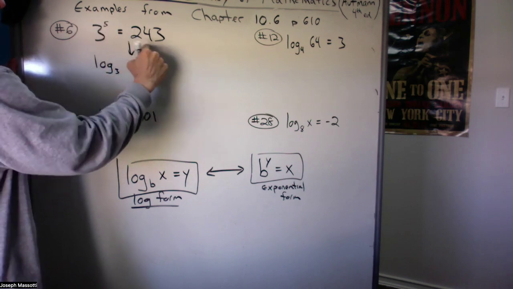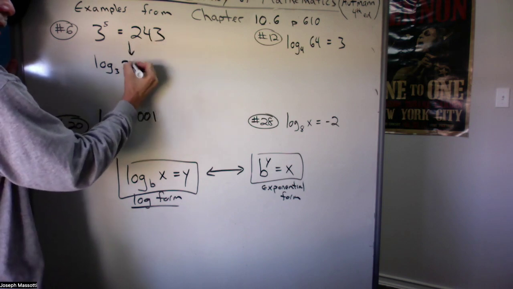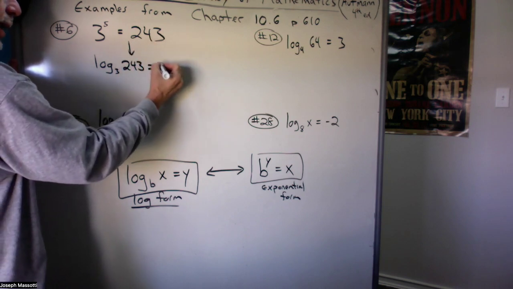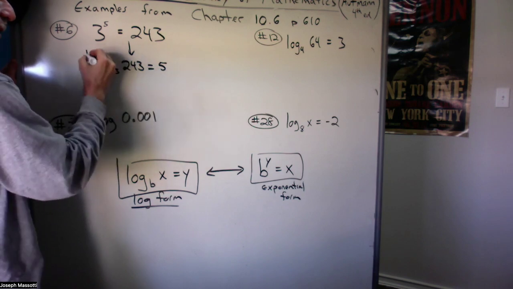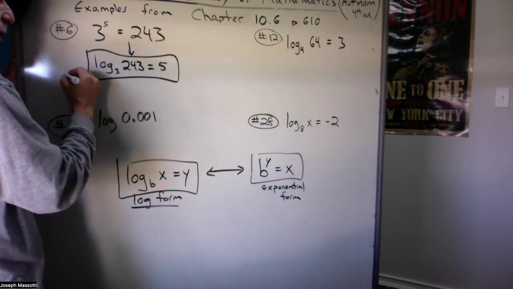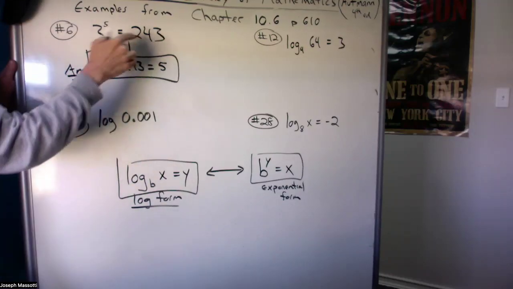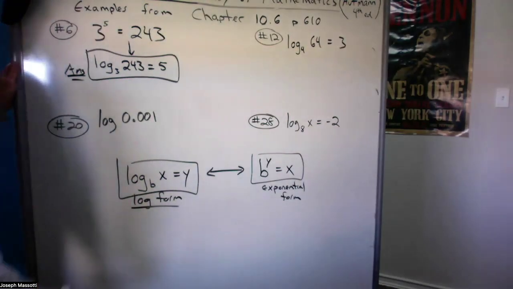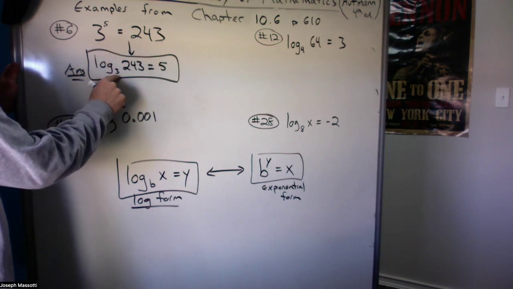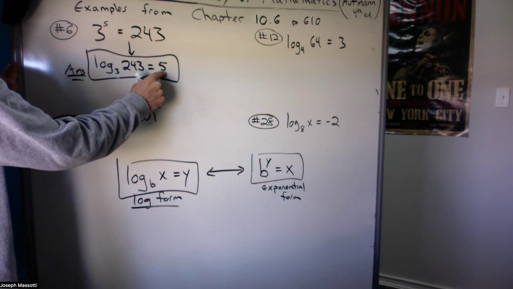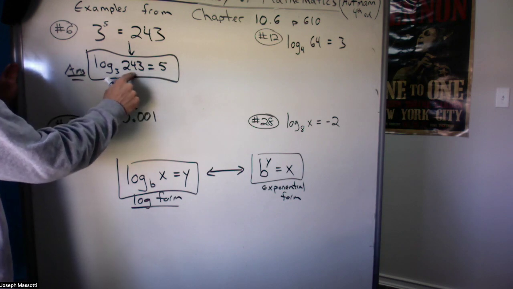The result is 243 when we put an exponent of 5 onto that base. So this is your answer for number 6 after we fix the misprint. Okay, log form, exponential form. Base raised to this exponent gives this result.